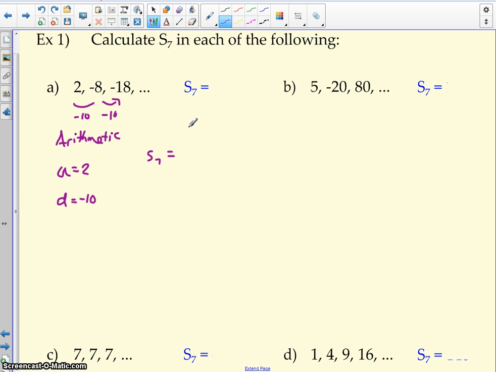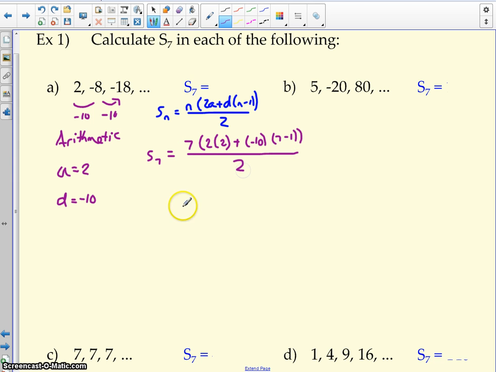So using the arithmetic series formula, which we now have on the previous page, I'll just write it out here so we have it as reference. In our case, n is going to be 7. A is 2. D is -10. Put in the n equals 7 again.